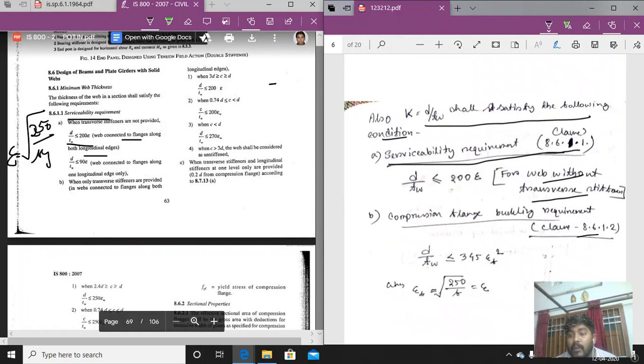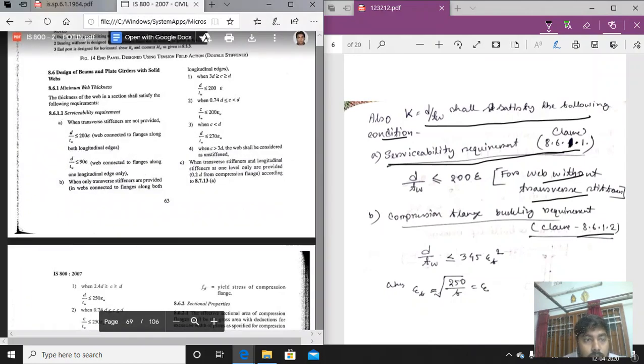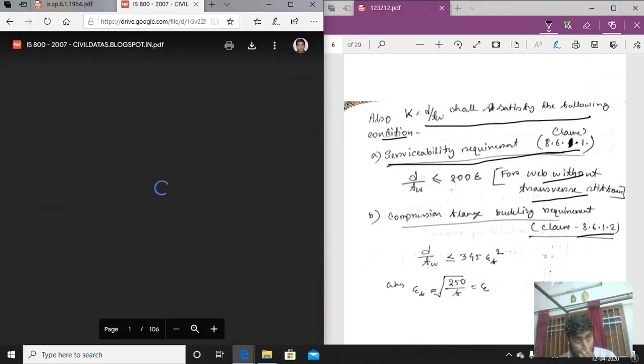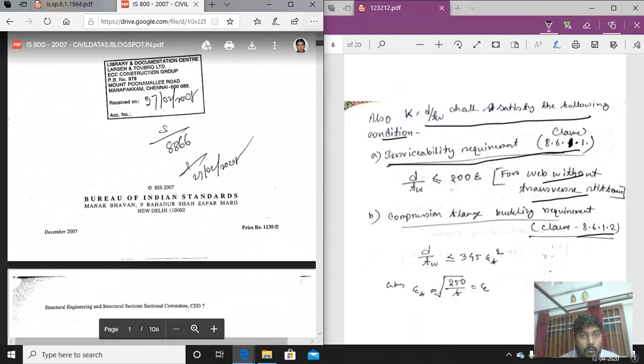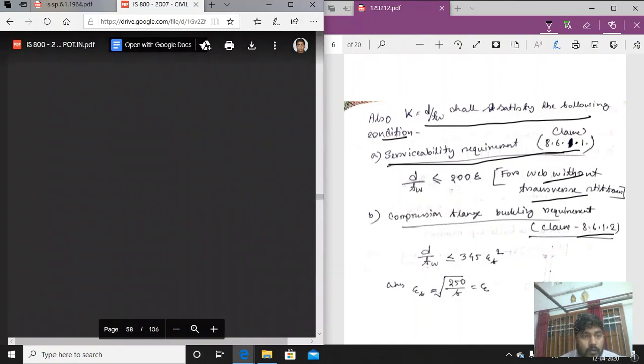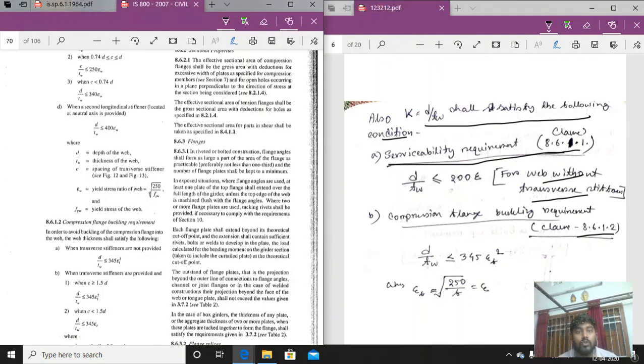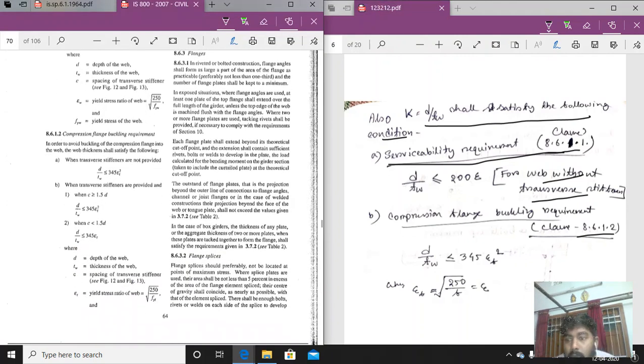Clause 8.6.1.2. Let us come to clause 8.6.1.2. So in this clause number 8.6.1.2, we can see the compression flange buckling requirement here.